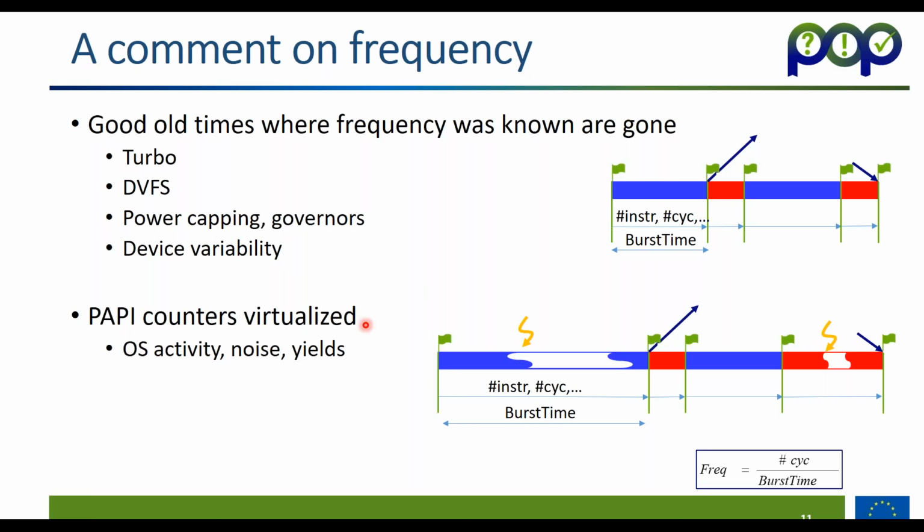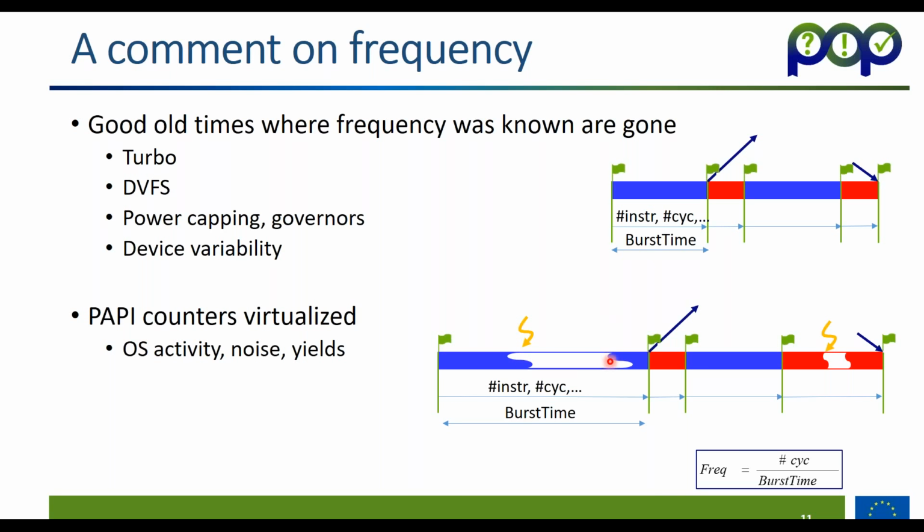And there is also another aspect which can change the result of this measurement of frequency, which is preemptions, interrupts, operating system noise. In a typical run you would expect this region to execute this number of instructions and cycles and take this time. If an interrupt comes in between, because the hardware counters are virtualized, it will let time go by.